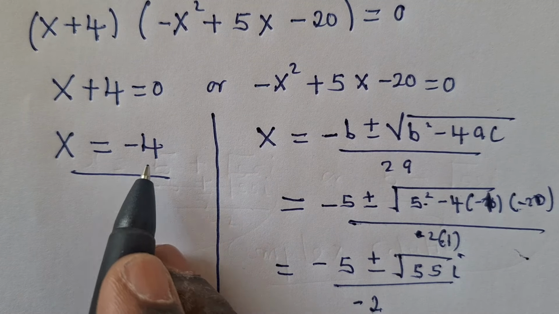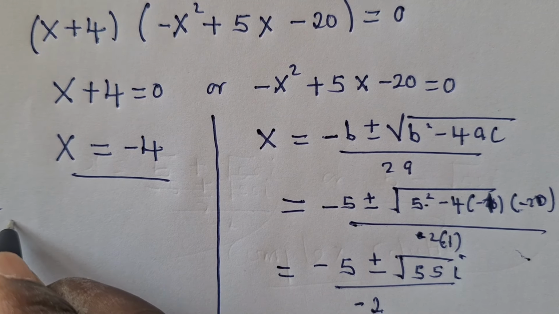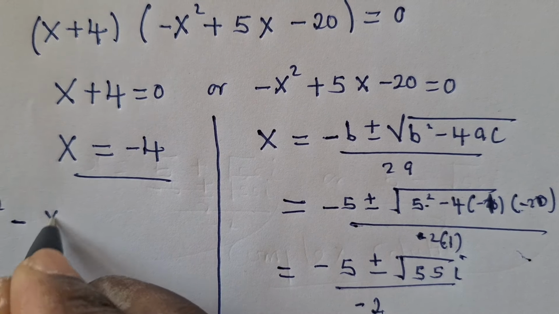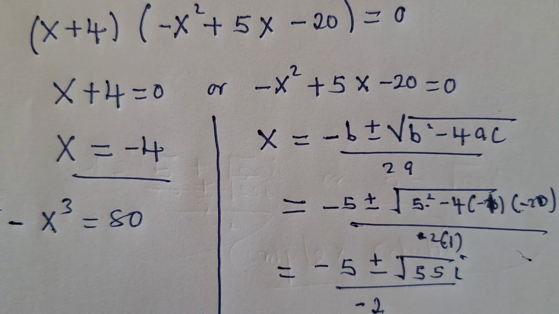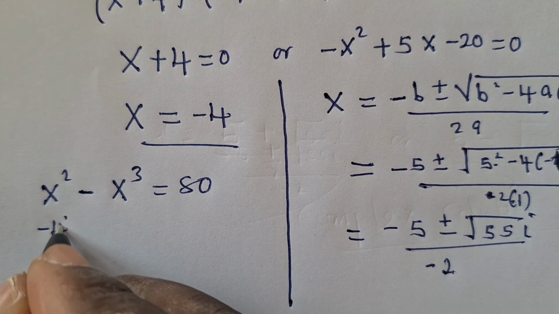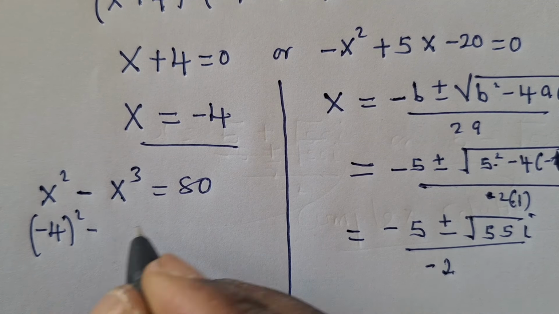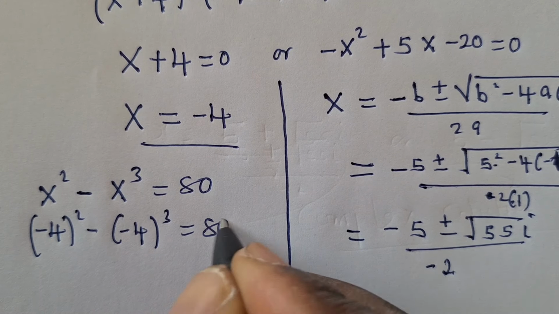So we can even test. We shall say x^2 - x^3 = 80. Where there is x, we substitute negative 4: (-4)^2 - (-4)^3 = 80.